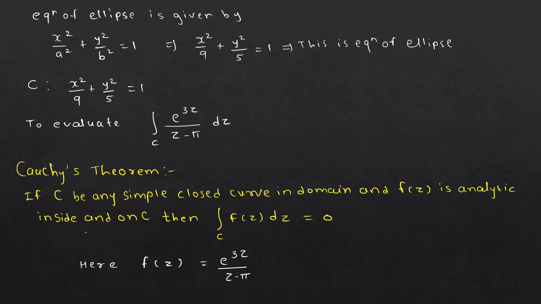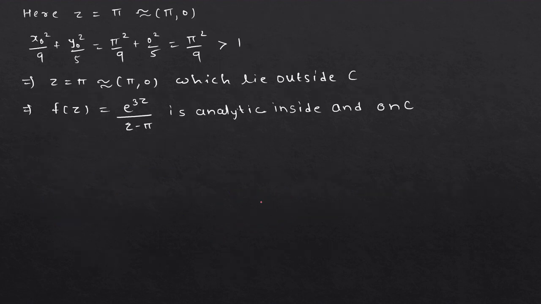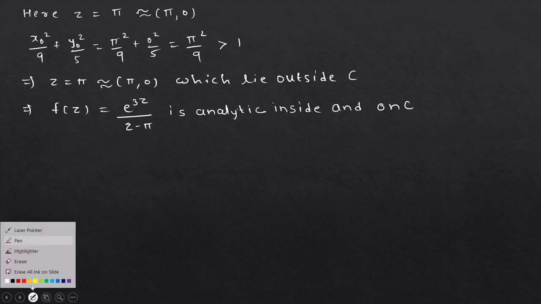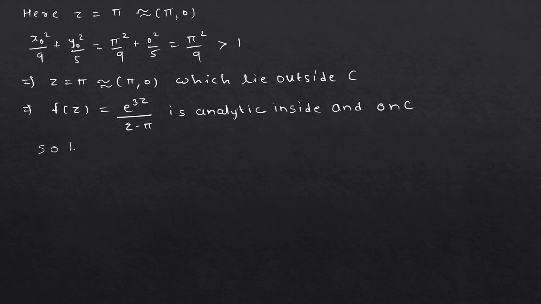Now look at Cauchy's theorem. What Cauchy's theorem says: if C is any simple closed curve in a domain, and f of z is analytic inside and on C, then the integration of f of z dz over C is equal to 0. So by Cauchy's theorem, integration over C of f of z dz is equal to 0.